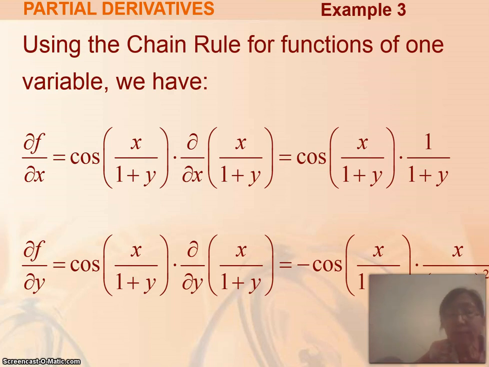Now let's find the partial derivative df/dy, which equals cosine of x over 1 plus y times d/dy of x over 1 plus y, which equals minus cosine of x over 1 plus y times x over (1 plus y) squared.